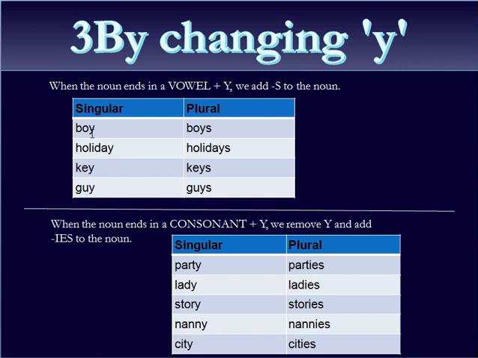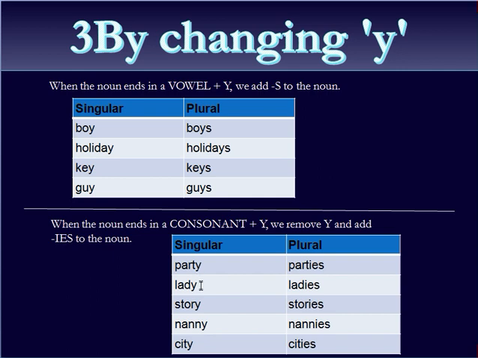So whenever the last letter y is preceded by a vowel, like here, we add s to the word to make it plural. So boy, boys. Holiday, holidays. Key, keys. And guy, guys. Okay. When the noun ends in a consonant plus y, we remove y and add ies to the noun. Like in these examples here.